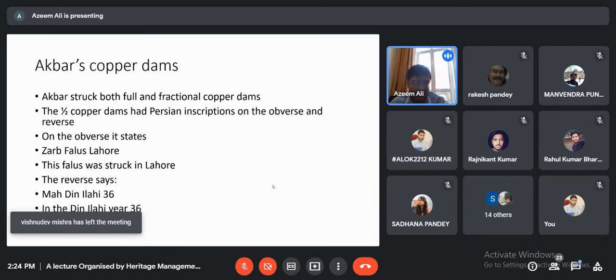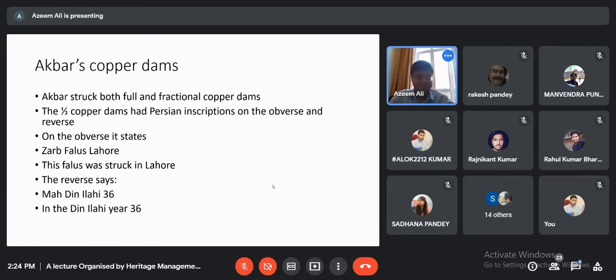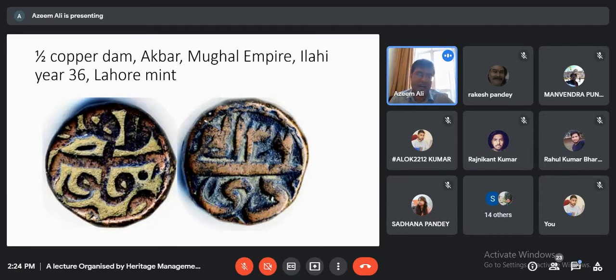In this case it says in the Din Ilahi year 36. And here is the half copper dam of Akbar, struck in Lahore, according to the Ilahi calendar. You can see 3 and 6 in the Arabic numerals.